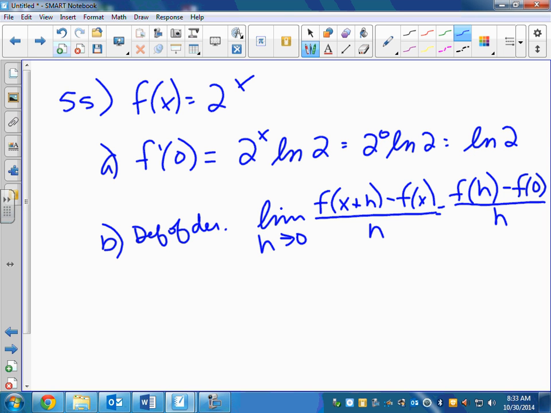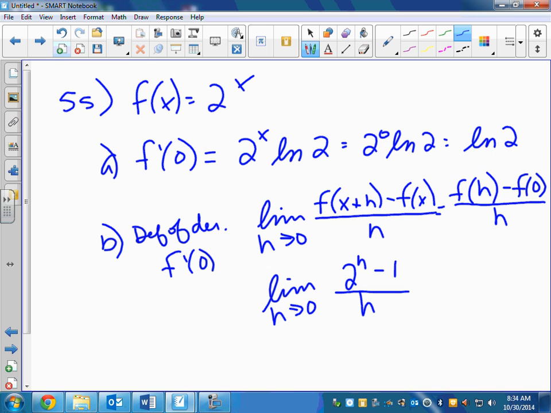And I just plugged in 0 for h, because that's the value I'm finding the slope of. So if I do f of h, I would just replace x with h, and I would get 2 to the h, minus, if I plug 0 for x, I would get 2 to the 0, which is 1, all over h.